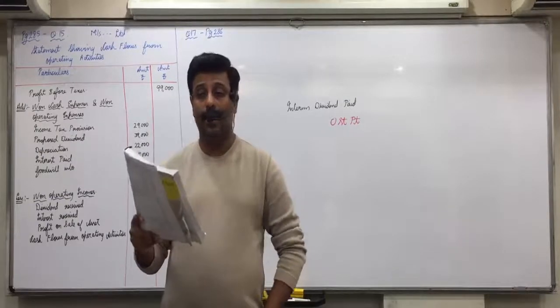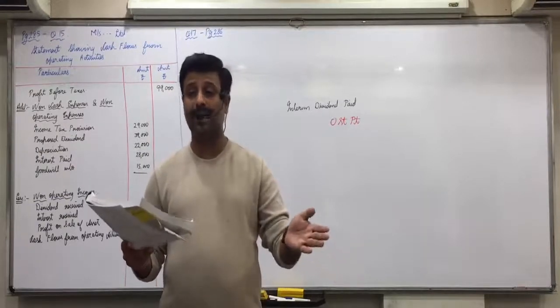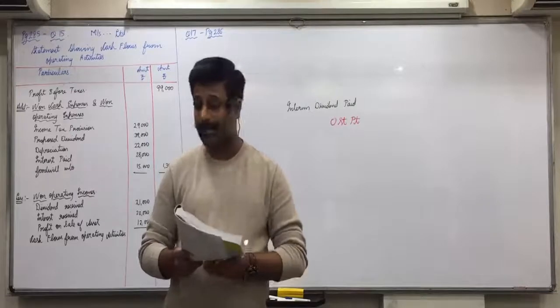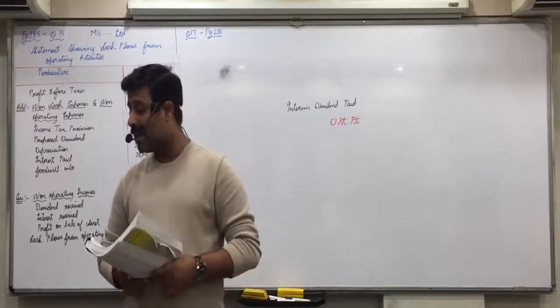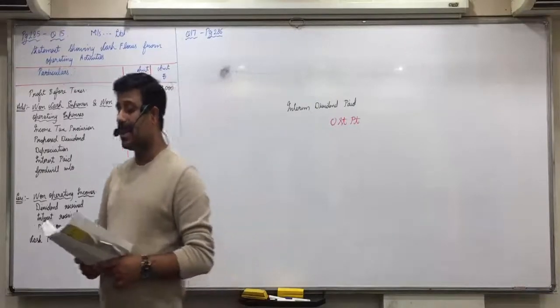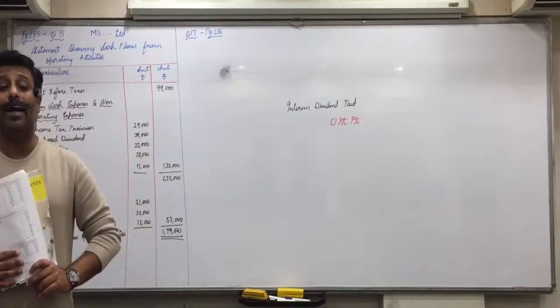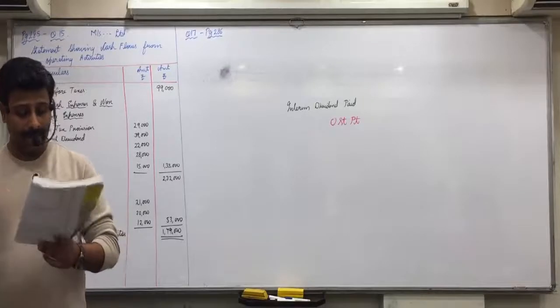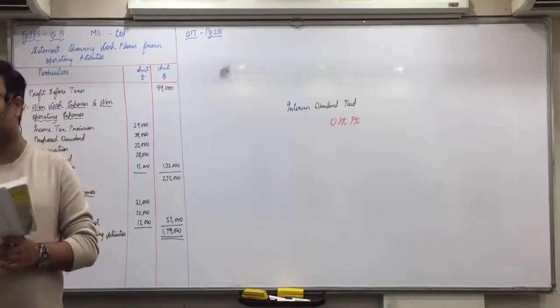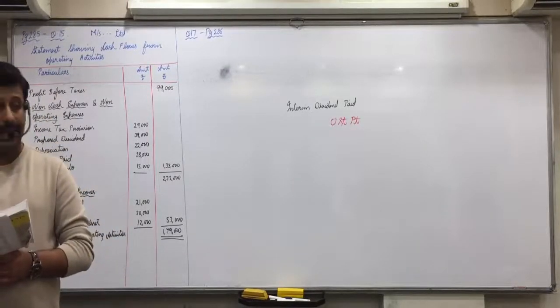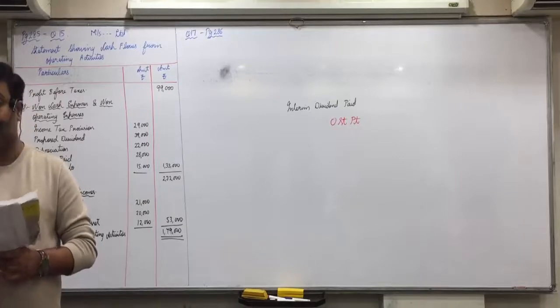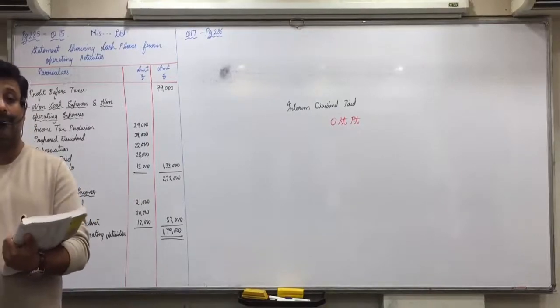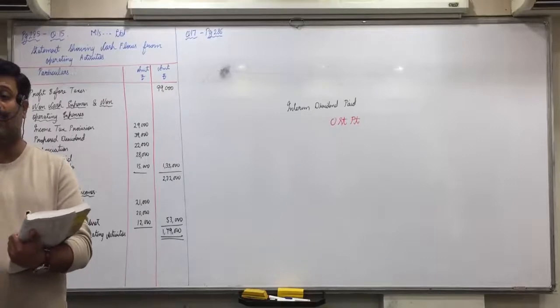Now debtors. On the left side of debtors, mark it as CA, current asset. Now current assets and operating activities have inverse relation. Listen carefully. What is opening balance? 39,000. Closing? Is it increasing? 39 to 49.